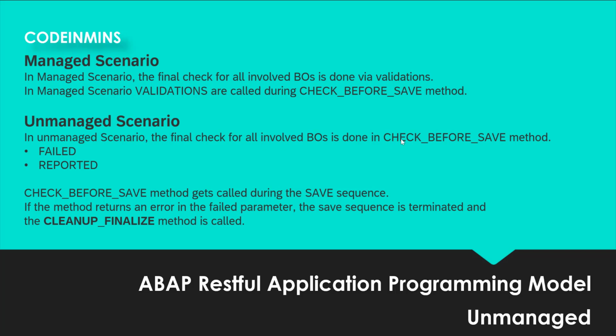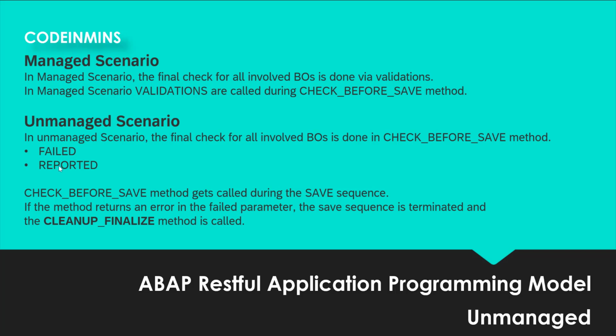So this method, check_before_save, has two different parameters. One is failed and one is reported. If the validation which you are putting fails, then you need to fill this parameter. You need to return one value from this parameter, failed. You need to append this parameter.